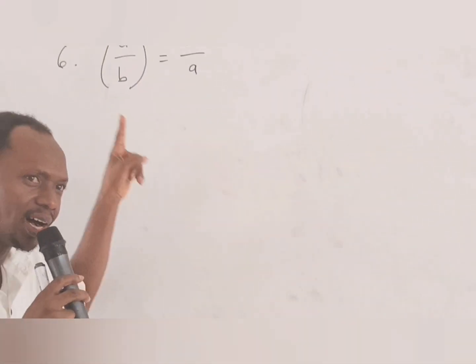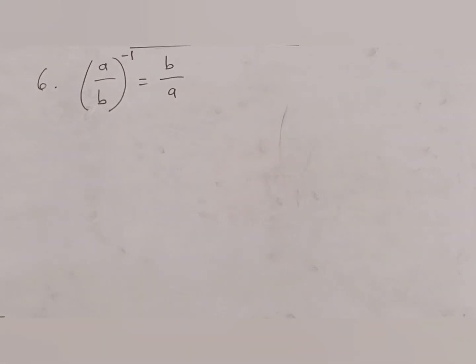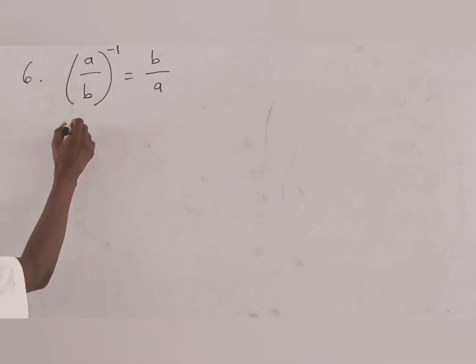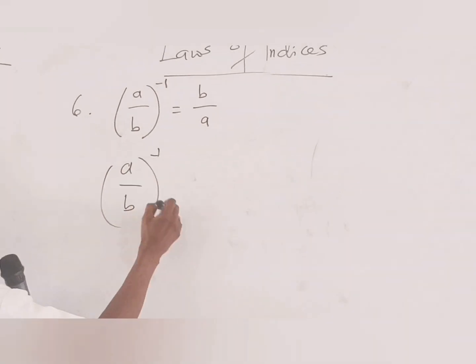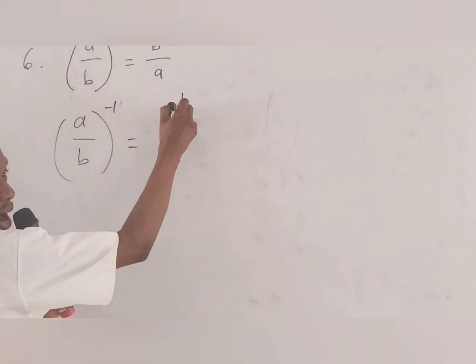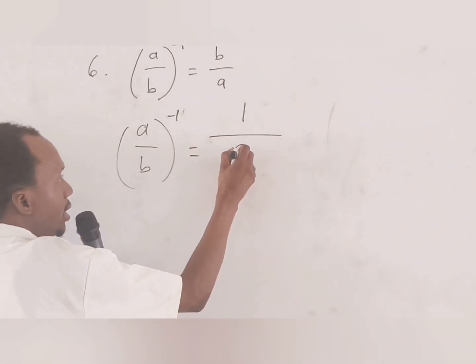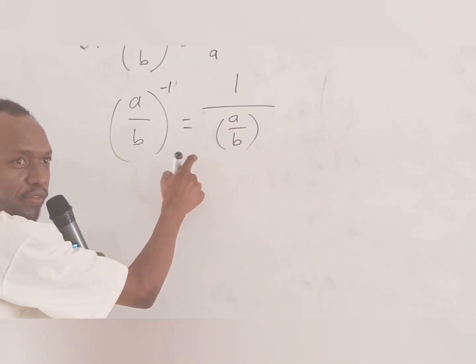Who can tell us how did we get this? From here, can you see? A over b to the power negative 1 is the same as 1 over what? A over b. So how do you simplify this?